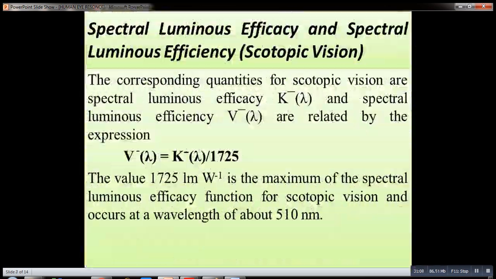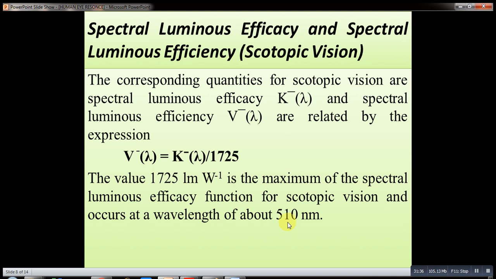We will repeat this explanation for scotopic vision. The only difference between scotopic vision and photopic vision is that the maximum spectral luminous efficacy occurs at 510 nanometers, in the dark-adapted state.